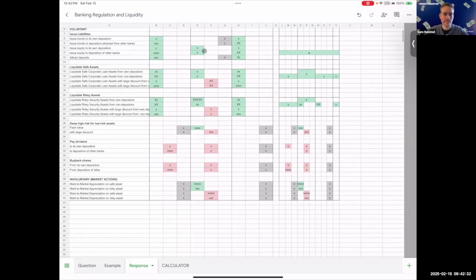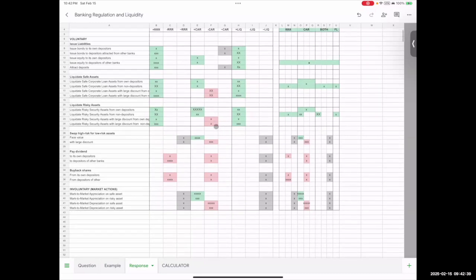Sorry about that. Okay, so liquidate risky assets. Obviously, with the discount, it's bad. Again, it's bad mainly for the capital adequacy, not necessarily for the reserve ratio requirement. It becomes a little more complicated if you look at own depositors versus non-depositors.